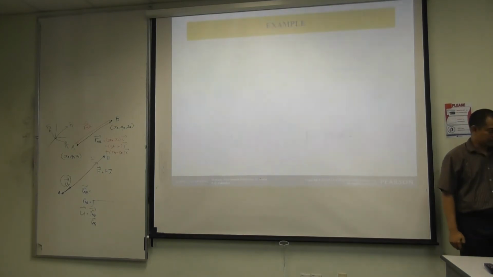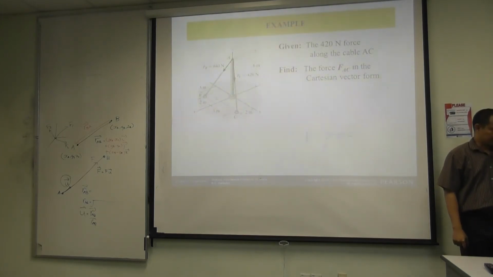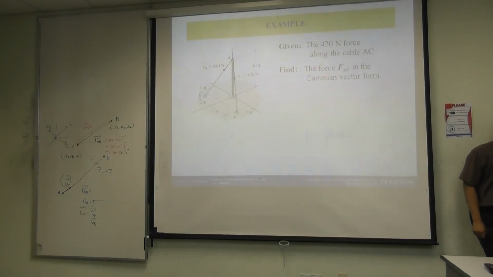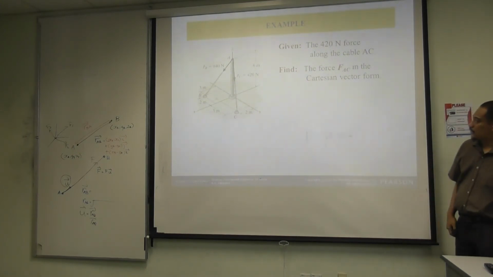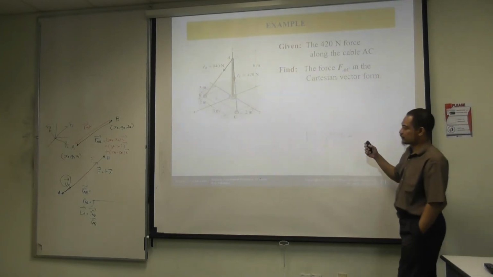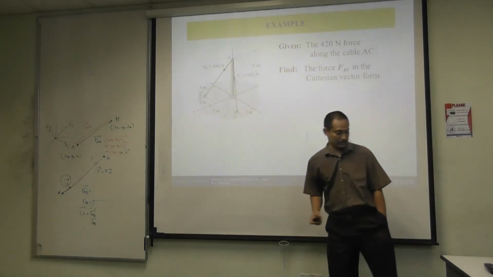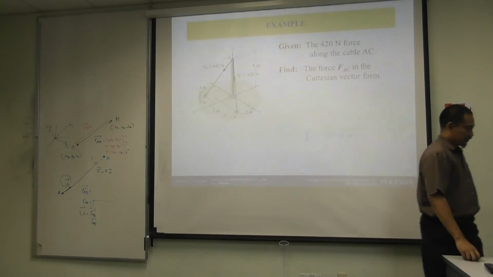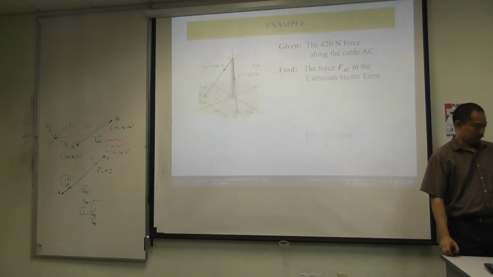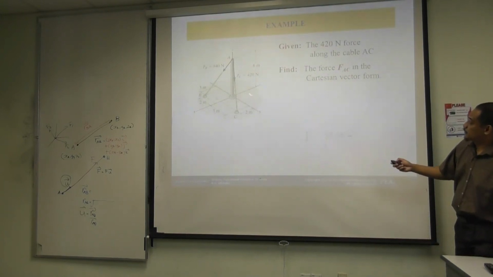Okay, about 10 minutes. So let's take a look at this example. In this case, we have two forces, FA and FB and FC. Of course, the question here only focuses on the step, so it just focuses on one of the forces. One of the forces is 420 Newton, which is FC here.